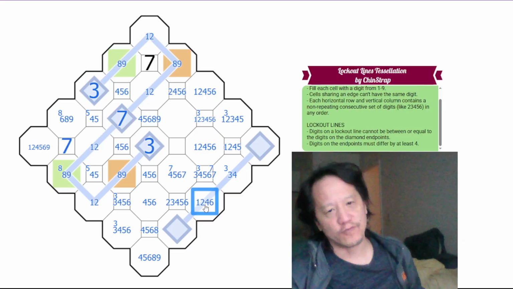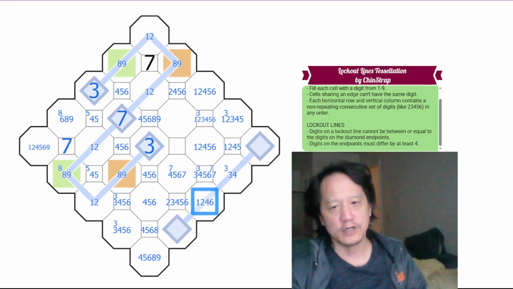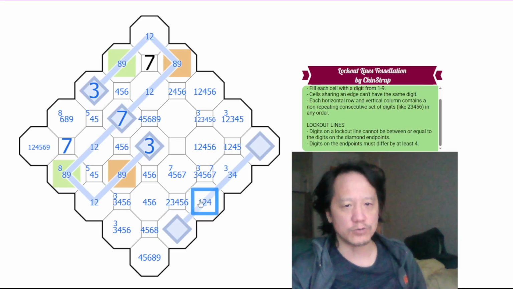Same with 4. 4 can only be on the lockout line between 5 and 9, which 6 is in between. So this cannot be 6. This is 1, 2, or 4 here.